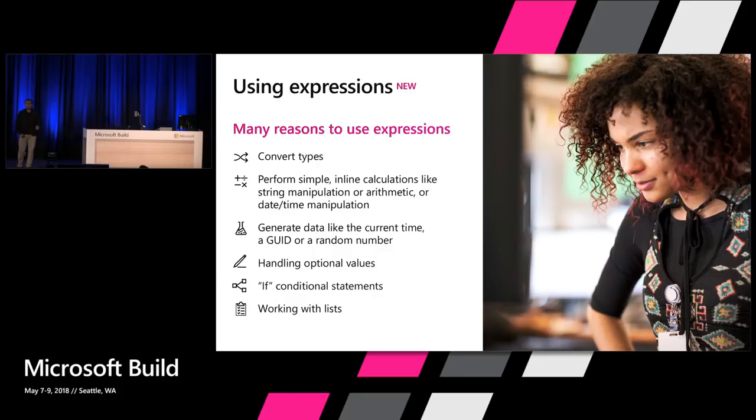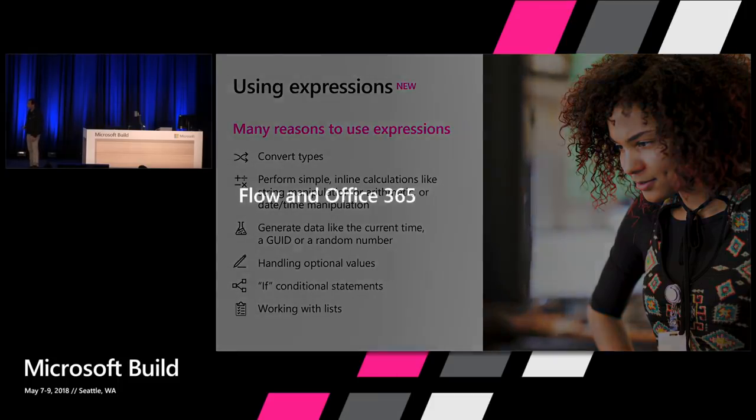Other interesting things, you can handle an if condition directly inline within an action. And lastly, and this is something that we use very commonly, you can use expressions to iterate through lists. For example, if you want to get the first or last element in an array, or check the length of an array, you can use expressions to do that.